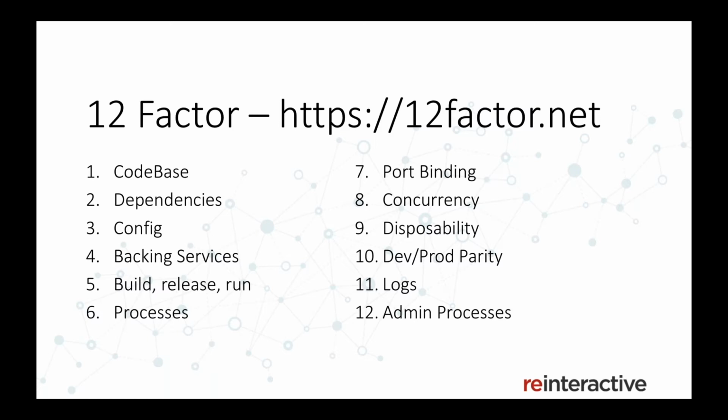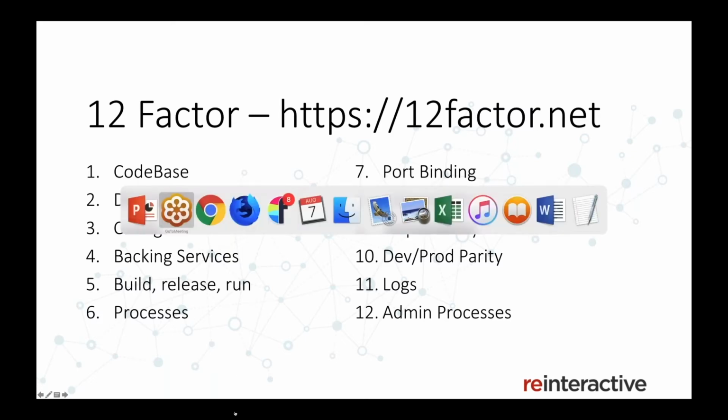Dependencies should be known and vendored in so that they're part of the package and part of the application, so that you can get that running. And it should work both in development and in production. The config should be held in variables inside the system, not hard-coded into the software, for example. This 12-factor site, I'll actually open it up for you.